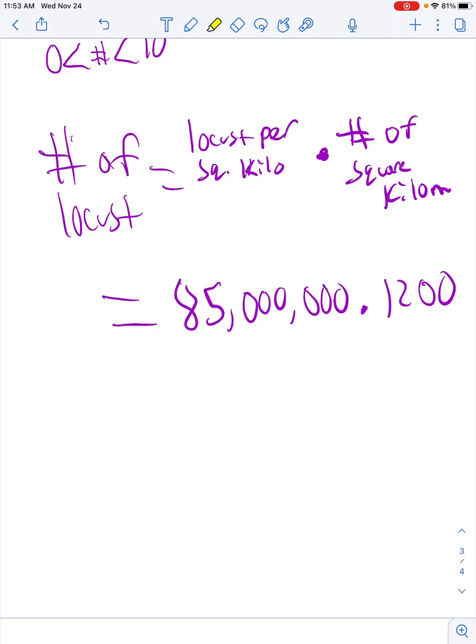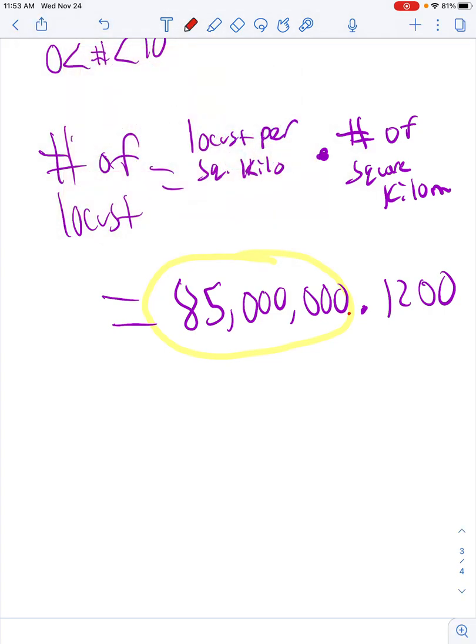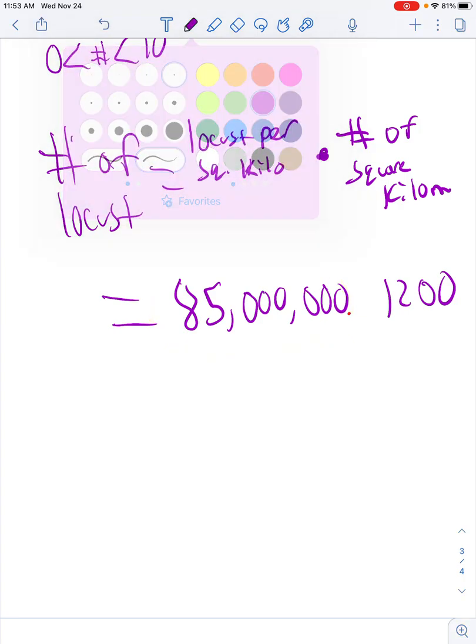I need to get this first number into a unit of 10. Right now, this decimal point is all the way at the end. This is a multiplication sign, so let me clear that up.